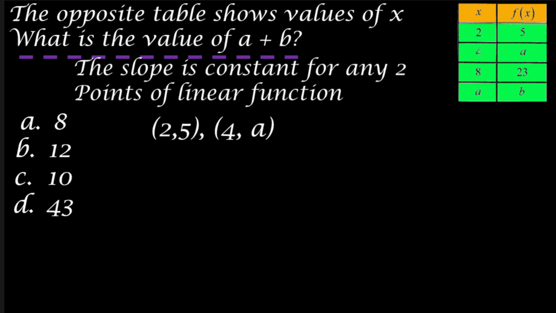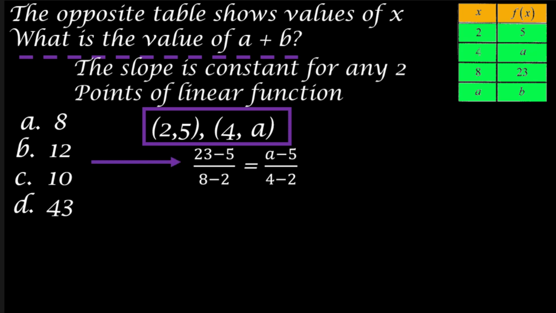So we can find the slope by using the first and second points, 2, 5 and 4, a. So a minus 5 over 4 minus 2 equals the slope using the point 8, 23: 23 minus 5 over 8 minus 2.